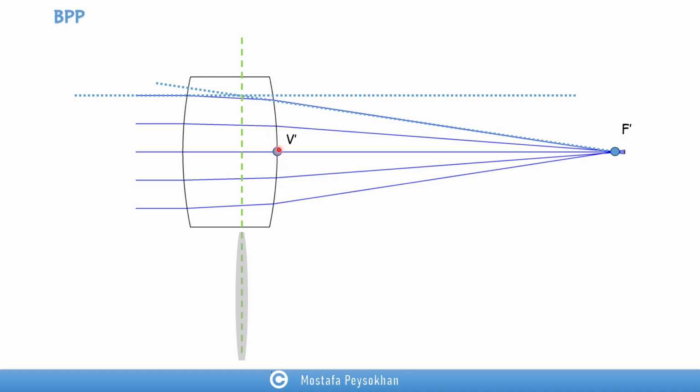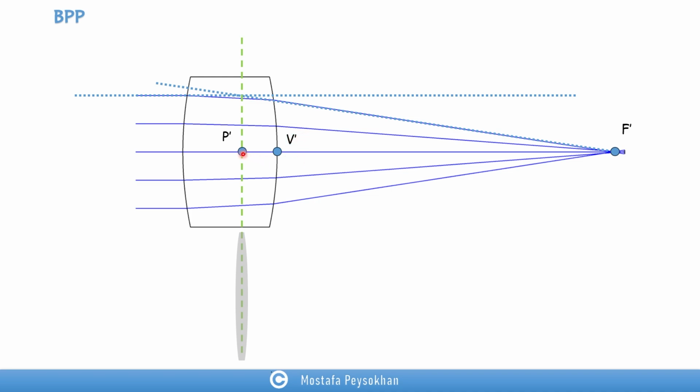This point is the last surface of this lens. This is also important for us, we use vertex or v prime, and for this point we use p prime, which is the principal plane that we have for this side of the lens, for the imaging side. So we have p and p prime, v prime, f prime, and n prime. Everything related to the imaging side, we use prime.